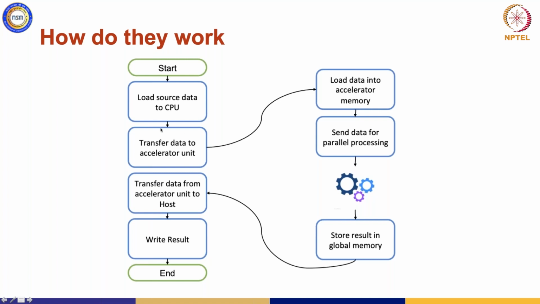Then there is some portion of your data, of the whole program, which you need to transfer to the accelerator, and the accelerator does the processing for you. You get the result again, and then this result is transferred back to your host. Host is nothing but your CPU. So the CPU is the host, and the GPU is the device. This is the terminology which people generally use in these types of systems.